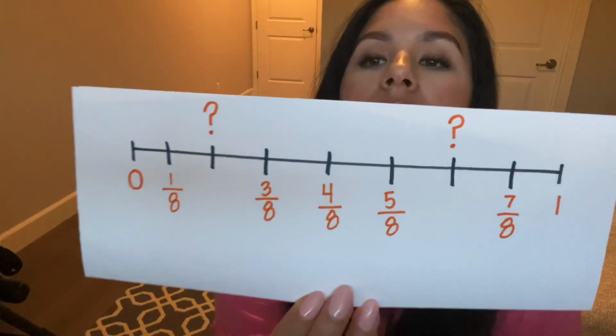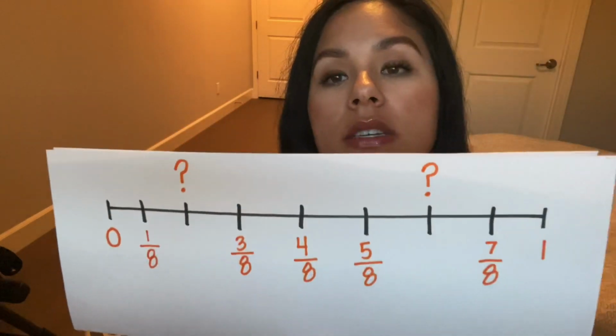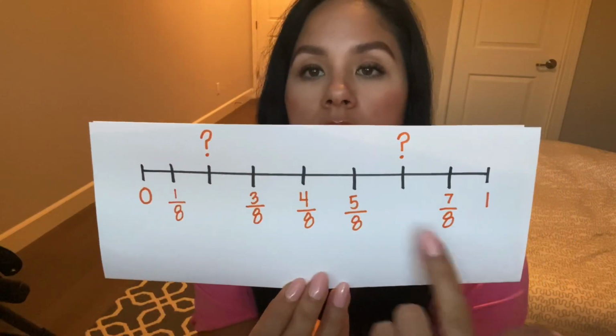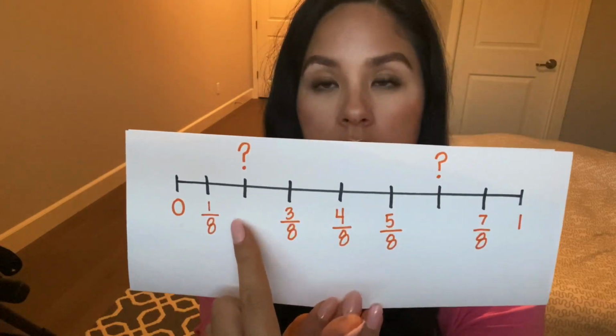All right, I hope that you're doing well, and I hope that that's making sense. We're going to have one more challenge example, and hopefully it makes sense to you, all right? So this is our last one. So you see that this number line is already split up for you. It's split into 8ths. Some parts are missing.